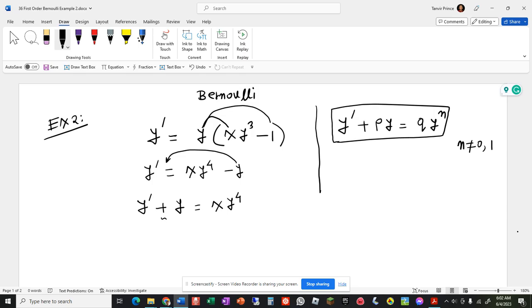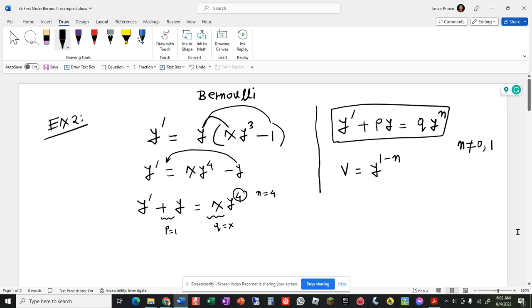So here p is equal to 1, q is equal to x, and n is equal to 4. And remember, the substitution that you need to make is v equal to y to the power 1 minus n.